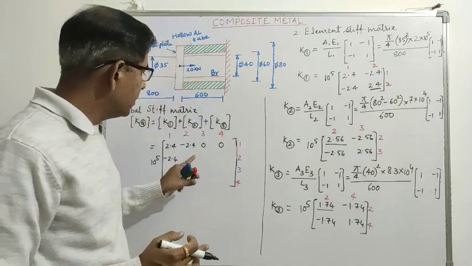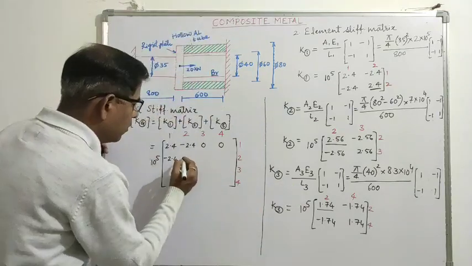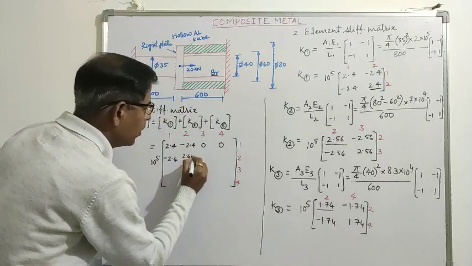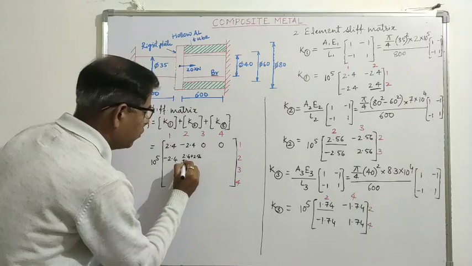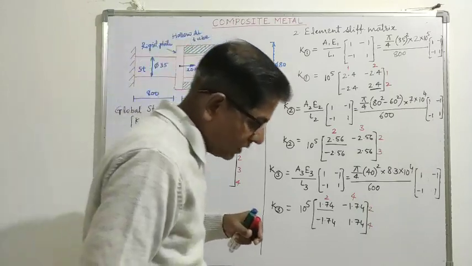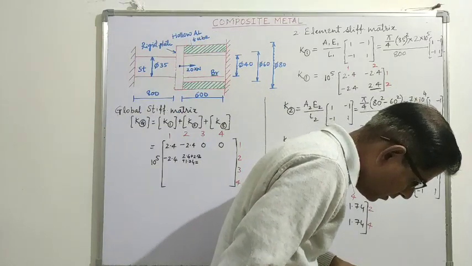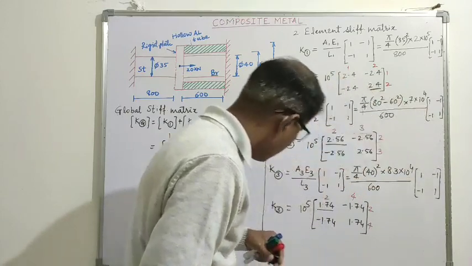That is why there will be three values. So if you add 2.4 plus 2.56 plus 1.74, then the answer is 6.7.